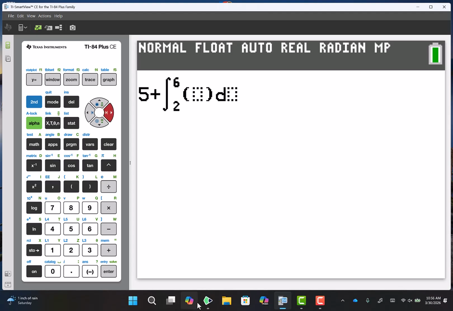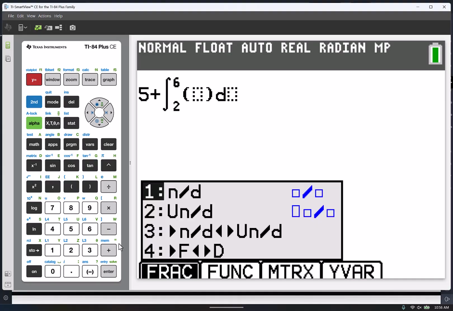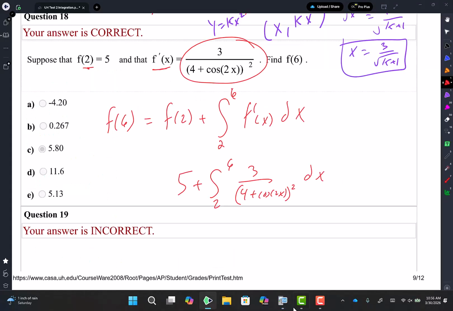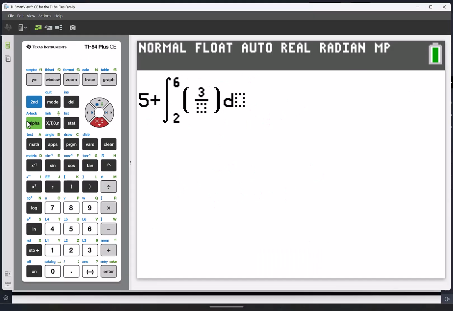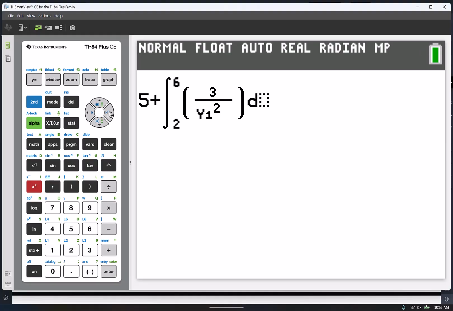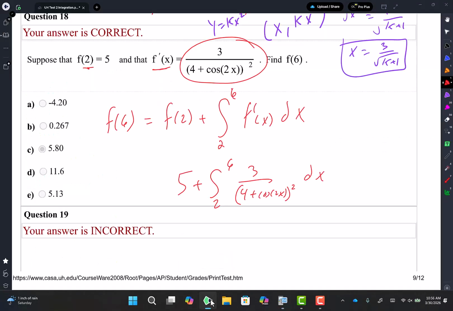And let's see, what do I have in the numerator? 3. So alpha y equals enter 3 in the top. And in the bottom, I have that stored as y1. So I'm going to put y1 squared. Alpha trace y1. Put a square on it. I don't have to worry about it because I typed that in already. And I push enter. 5.805. Is that what you guys got? You got it right. Good job. I'm surprised they didn't put 3 digits in there.